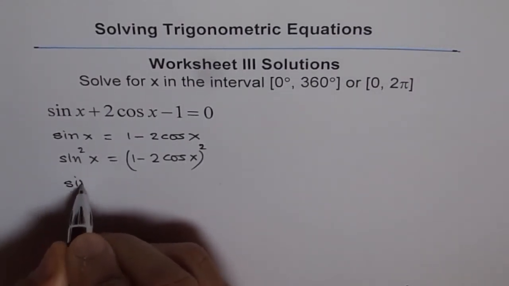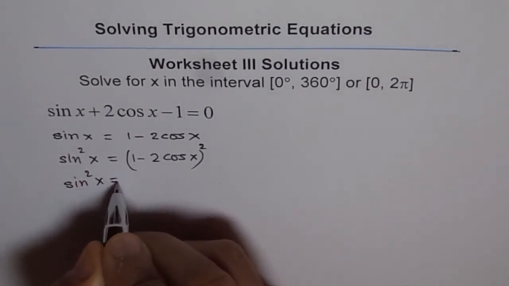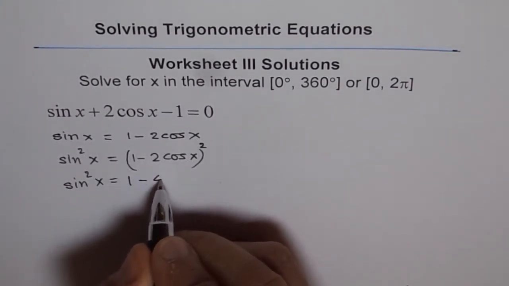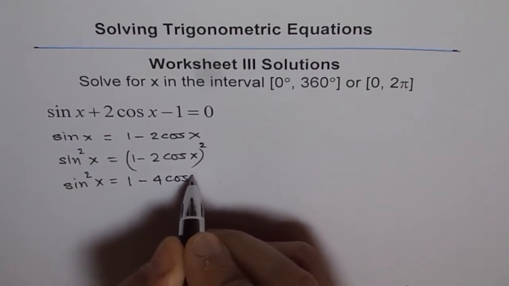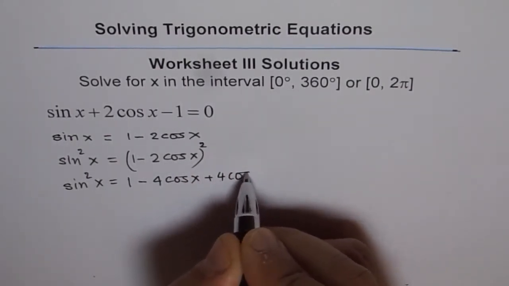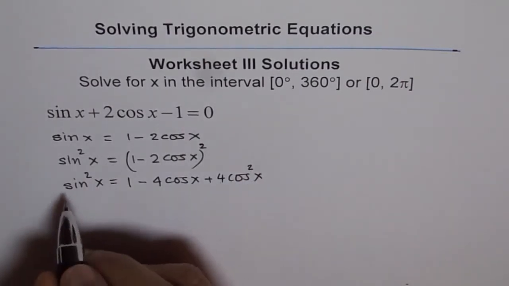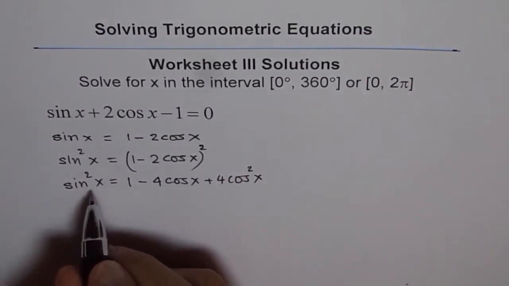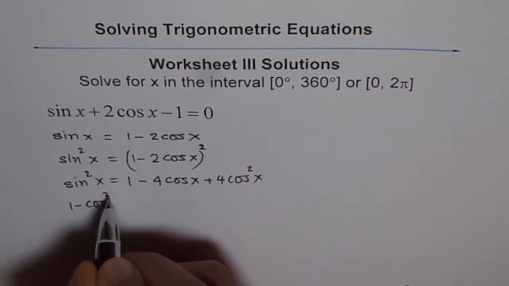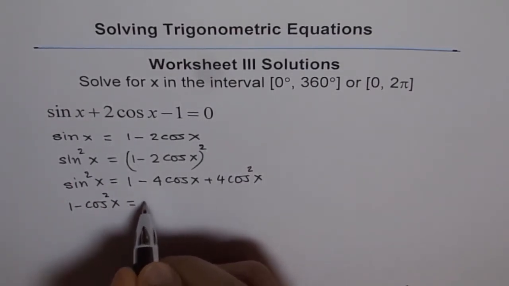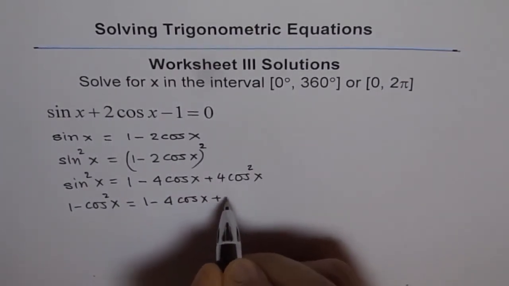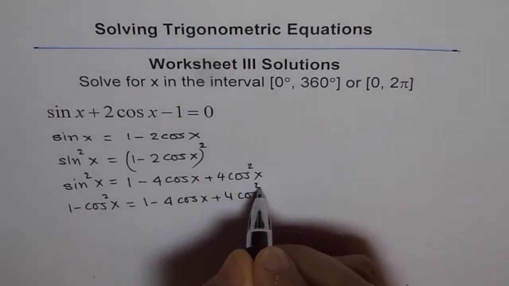So it is sin square x equals, when you expand this, you get 1 minus 2 times AB, which is 4 cos x, plus b square, which is 4 cos square x. Now sin square x could have been written as 1 minus cos square x, right? So I'll write this: 1 minus cos square x is equal to 1 minus 4 cos x plus 4 cos square x.